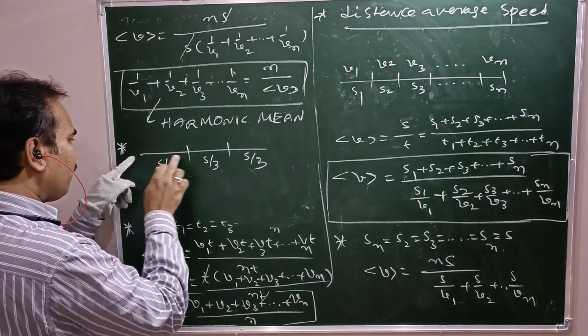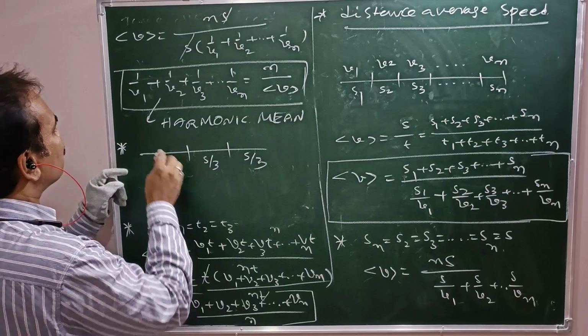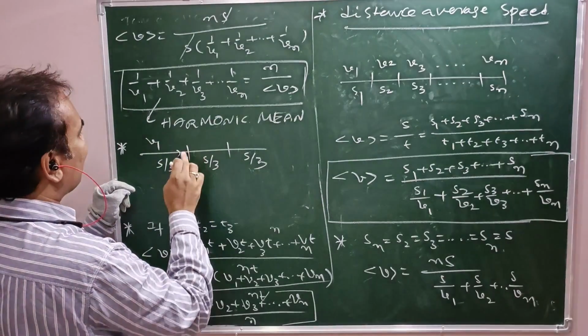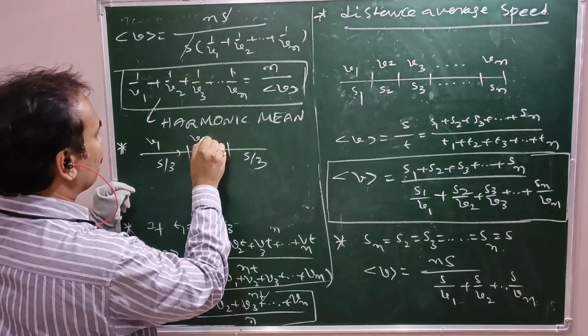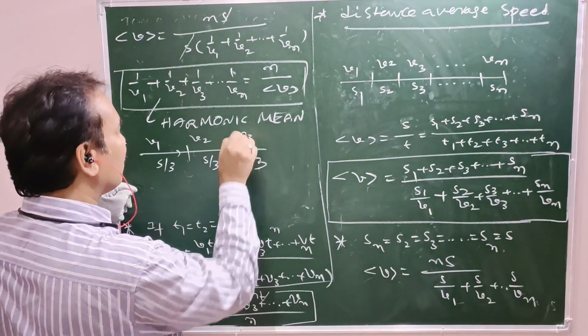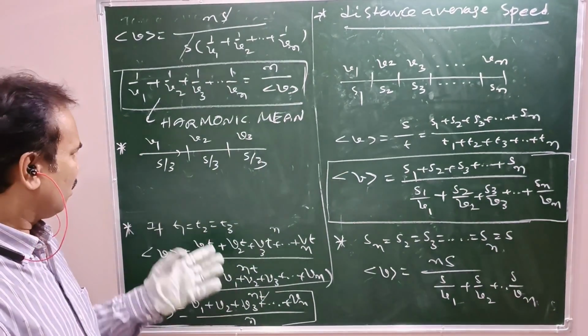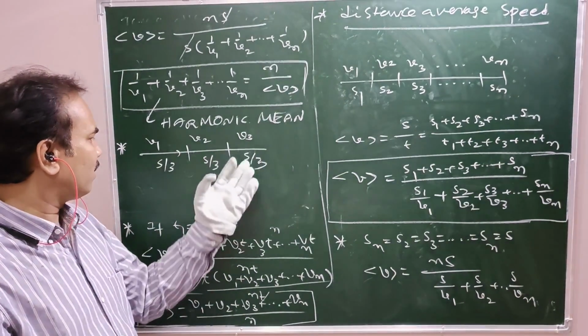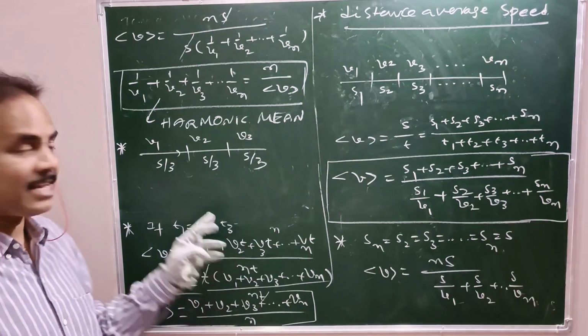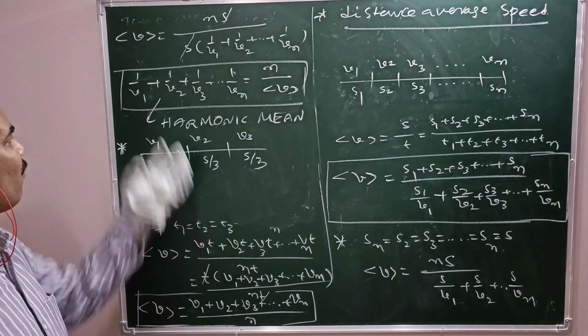Now the first 1/3 of the distance moves with the speed V1, the next 1/3 of the distance with the speed V2, and the last 1/3 of the distance with the speed V3. Here the particle moves with speeds V1, V2, V3 in successive equal distances. Now what is the average speed?